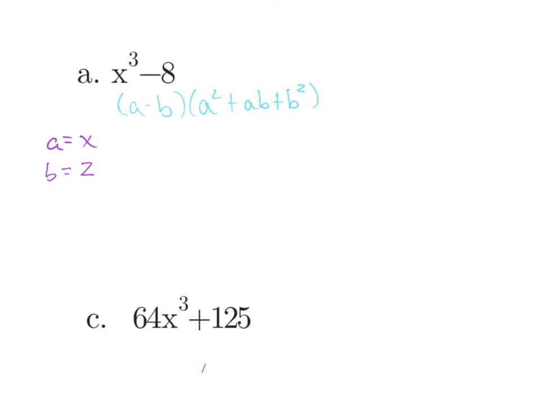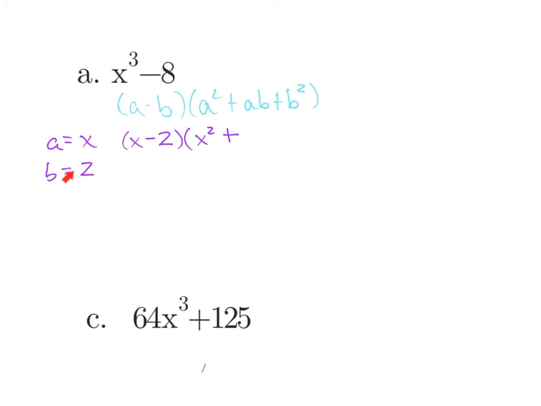From here, now that we have our a and b, all we have to do is plug them into the formula and simplify. So for my first set, I'm going to get a, which is x, minus b, which is 2, times my second set, I get a squared, that's going to be x squared, plus a times b.